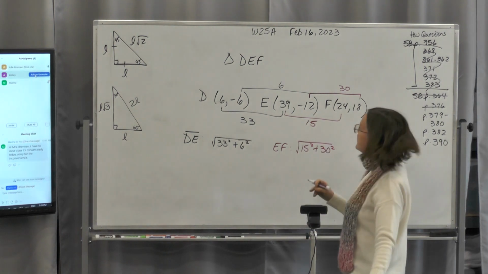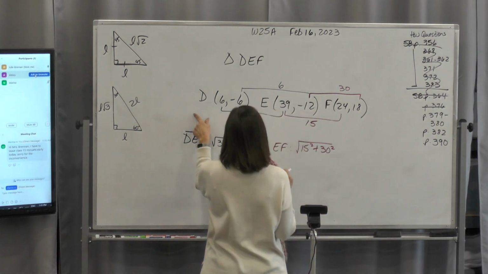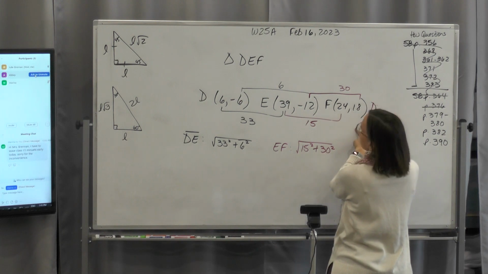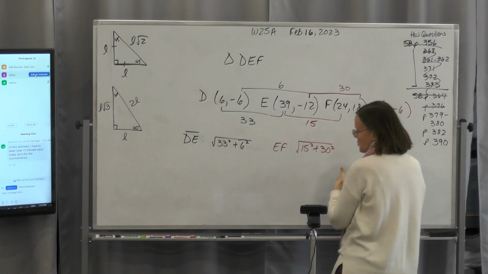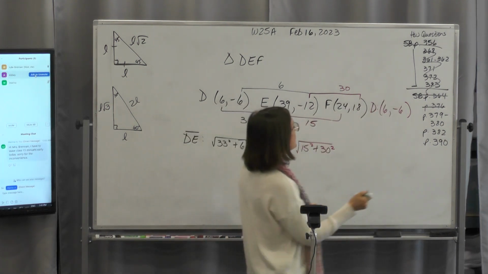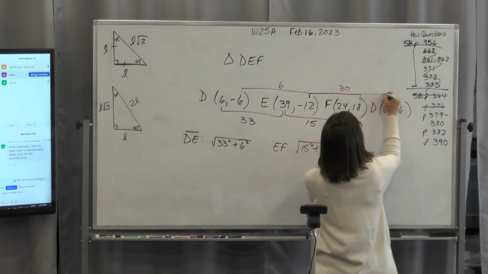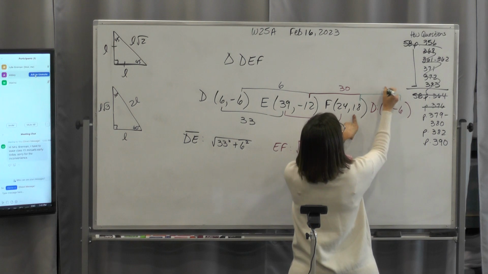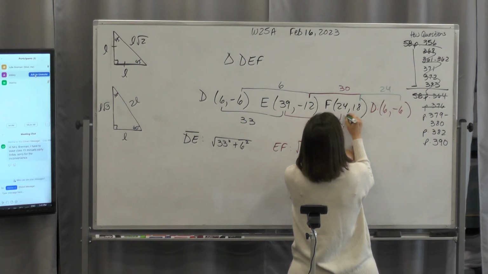If I want the last one, FD, I could actually copy D over here. Do you guys see that? And keep going. 6, negative 6. I could just do a little tree here. The distance in my Y's, between 18 and negative 6, is 24. I'm just doing distance.